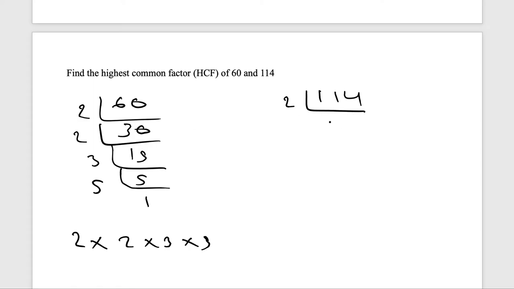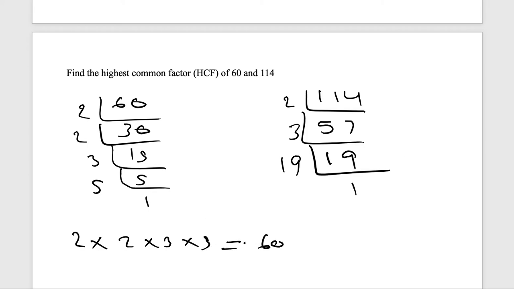Starting off with 2, 57. What does 57 go into? It goes into 3, it doesn't go into 2. It goes into 3 19 times. And then 19 is a prime number. So this one is equal to 60, and this one, 2 times 3 times 19, is equal to 114.